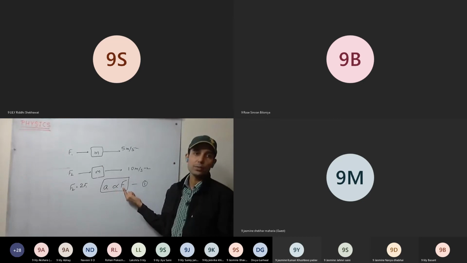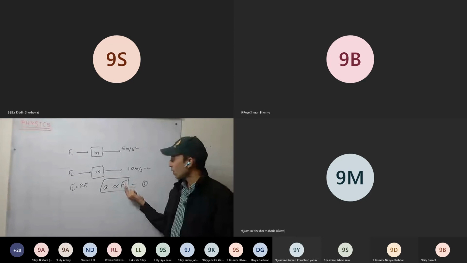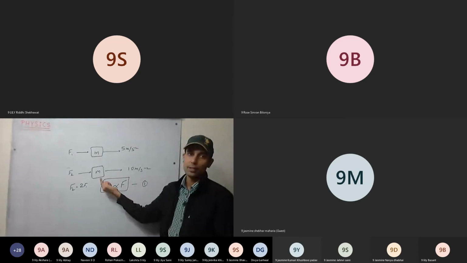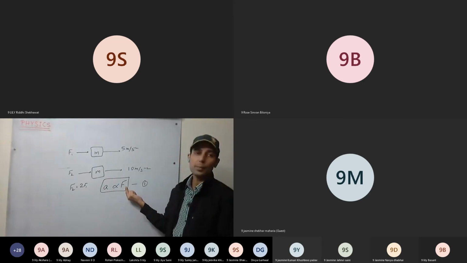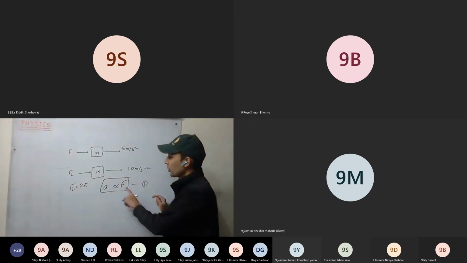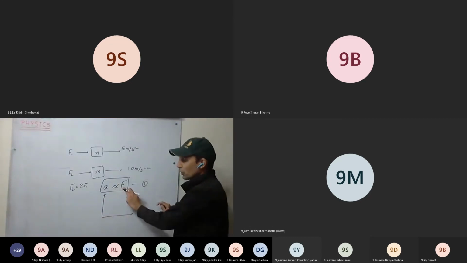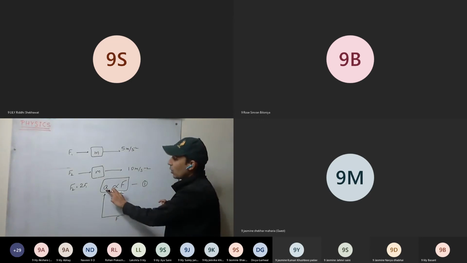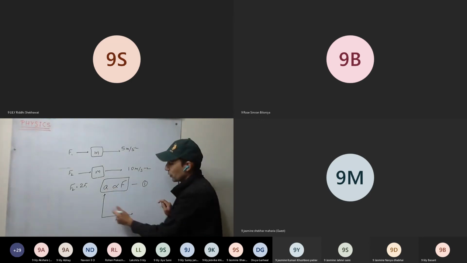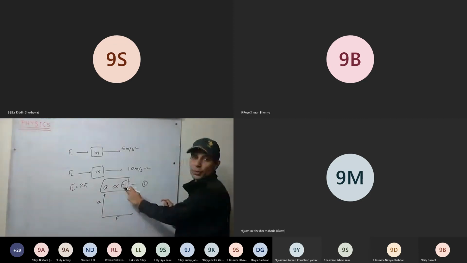Acceleration produced in the body is directly proportional to the force applied in the given body, and the mass remains constant here. If we draw the graph, force will be on the x-axis, since force is the independent quantity being applied, and acceleration on the y-axis, since acceleration is dependent on the force applied.